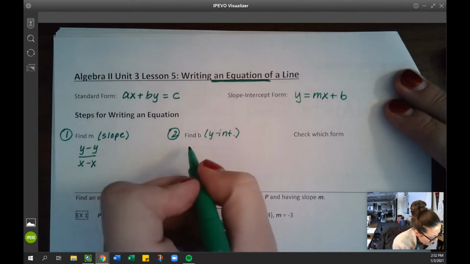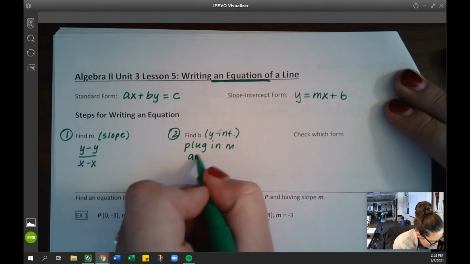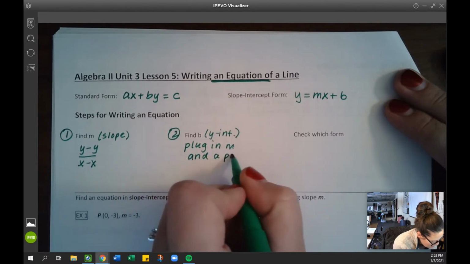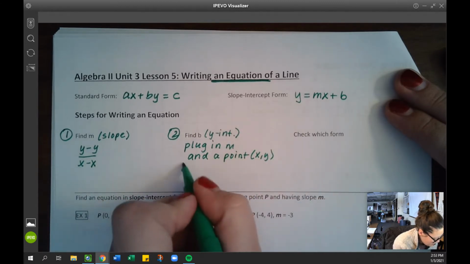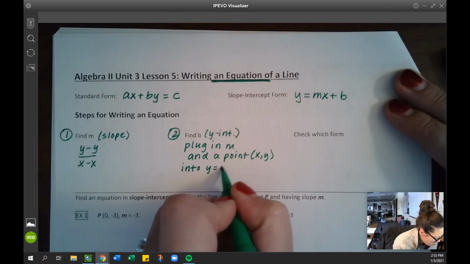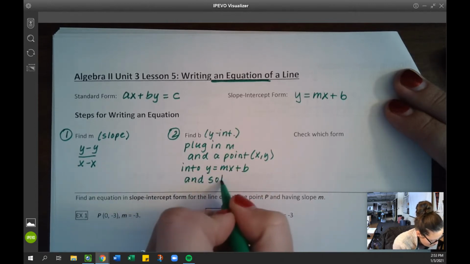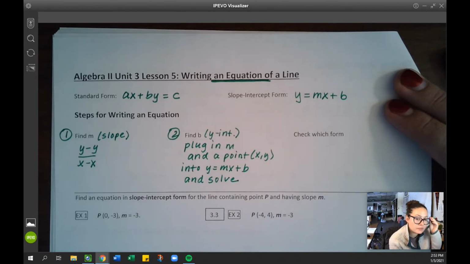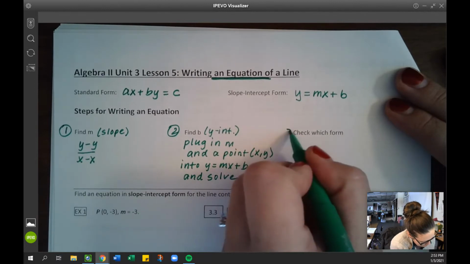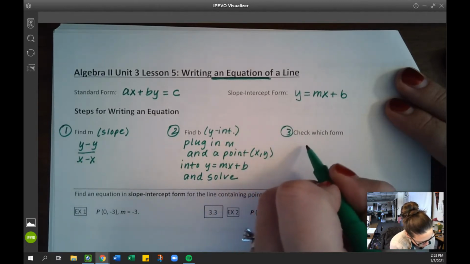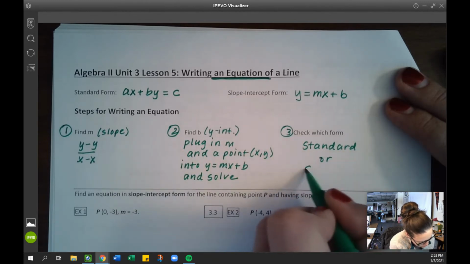And you're going to do that by plugging in m and a point, x, y, into y equals mx plus b, and solve. Last thing you need to do is check which form. Is the question asking for standard form or slope-intercept?